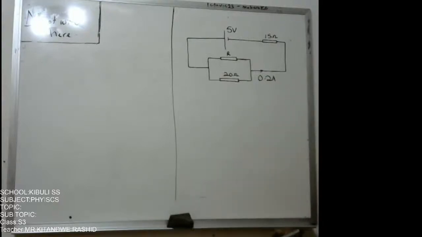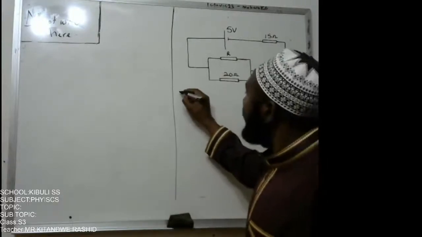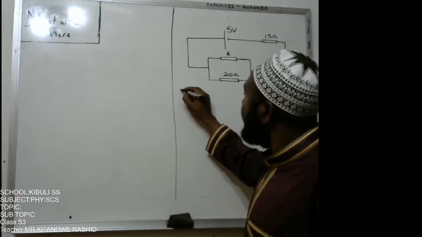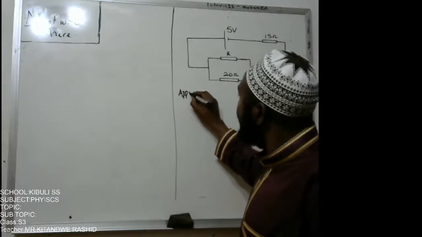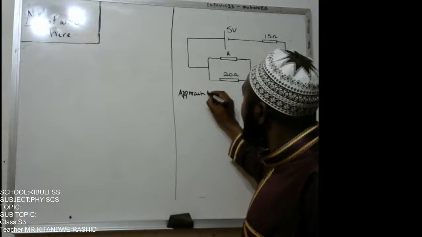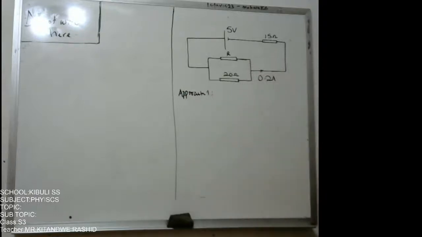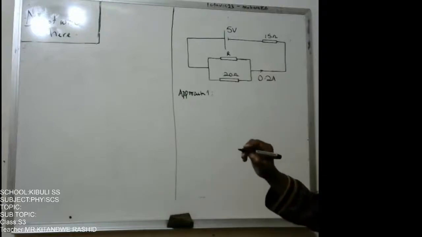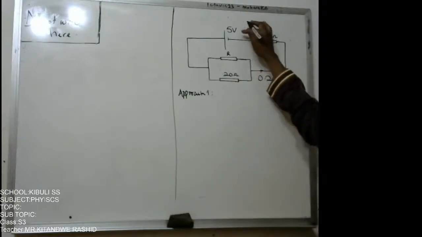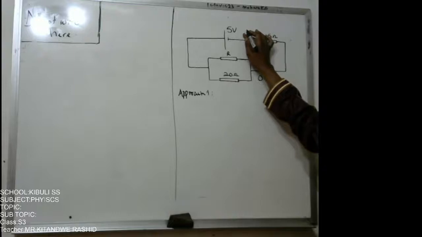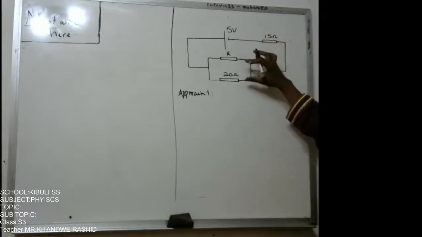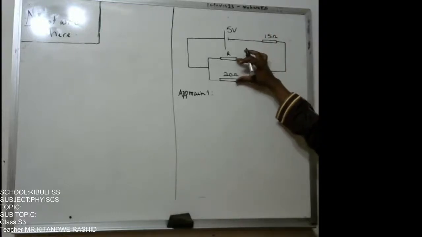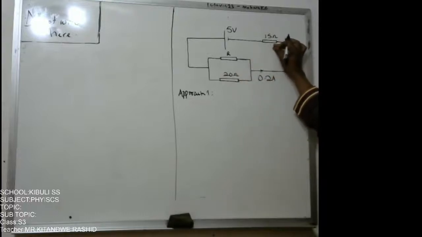The first approach is to know that if you have the EMF of 5 volts, there is a PD used here and a PD used here.